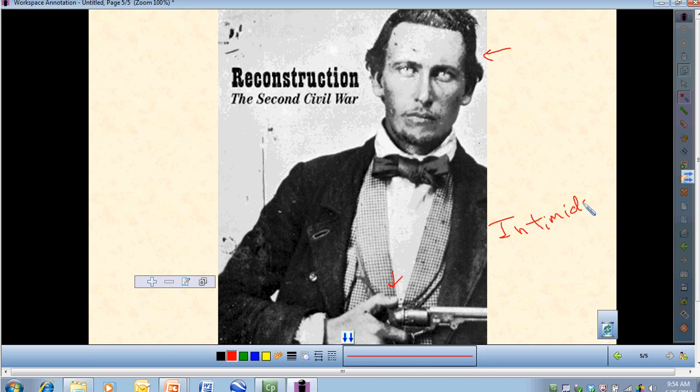His finger is on the trigger of his revolver, and if this is what they call a single action revolver, that means you have to pull the hammer back in order to pull the trigger to fire the gun.